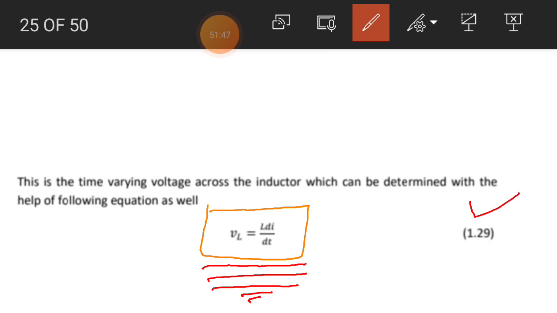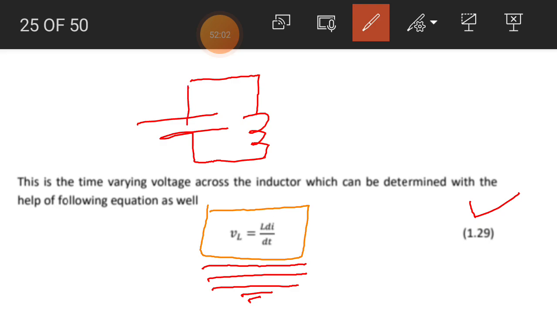We have the derivative of the current with respect to time on the right hand side. If I apply a DC voltage across the inductor, there will be a DC current over here.